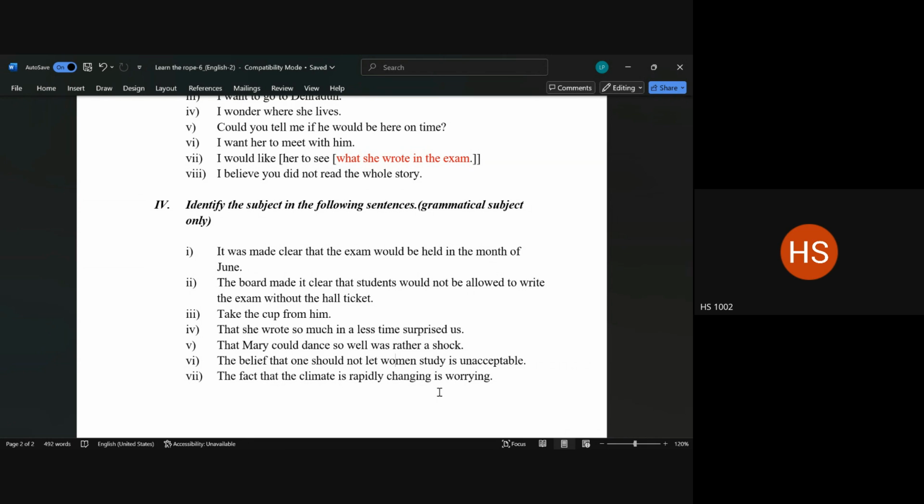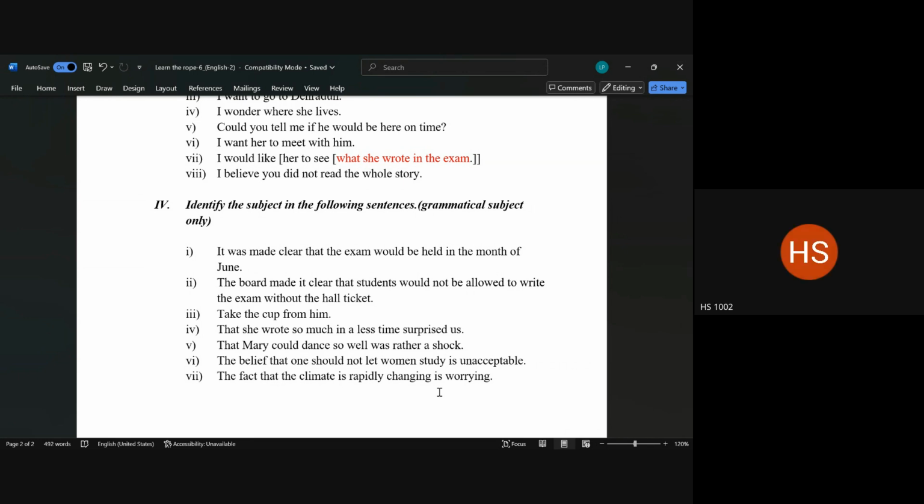Ma'am, in that 6 and 7, we can't use those two nouns interchangeably, right? The belief and the fact? Yeah, the belief, and then that one should not let women study. Those two, you said, act like a noun, right? Can we use them interchangeably like that?